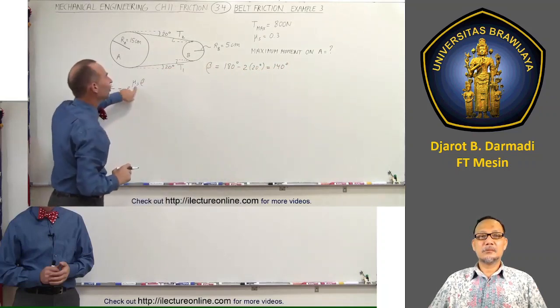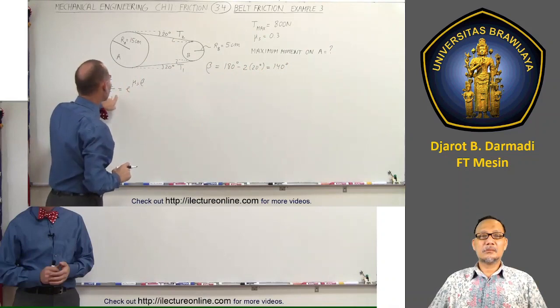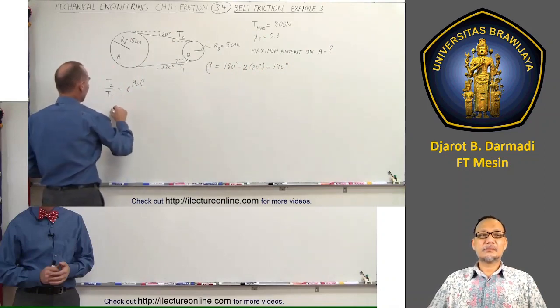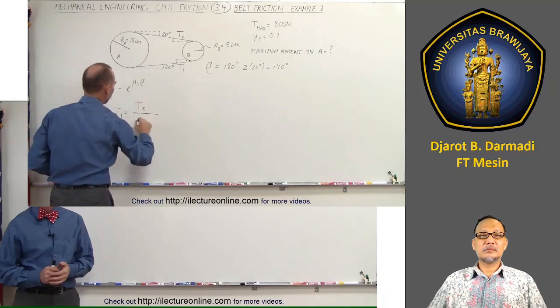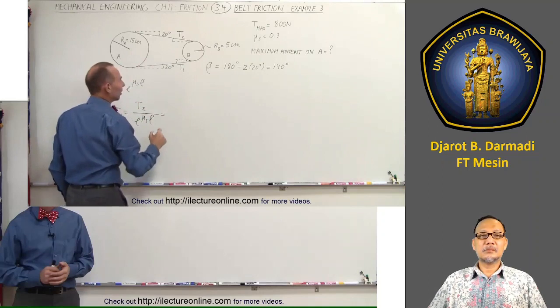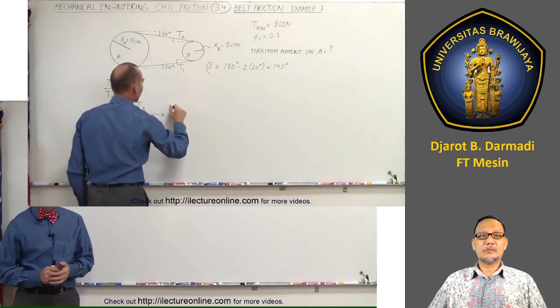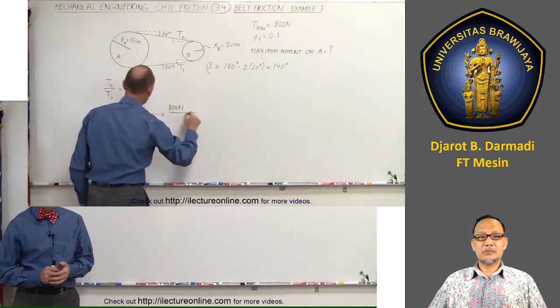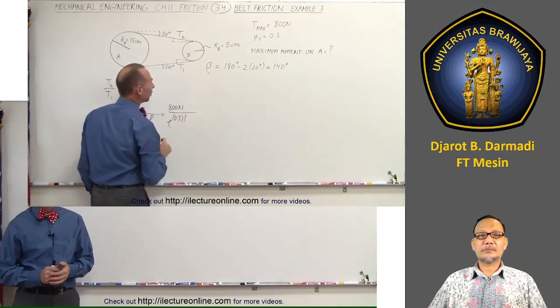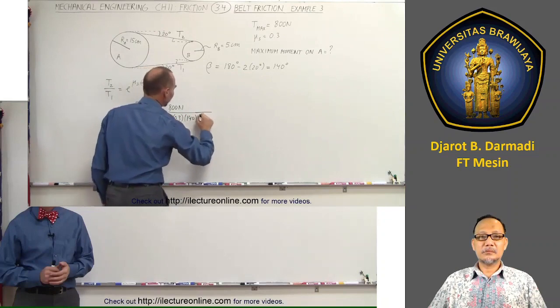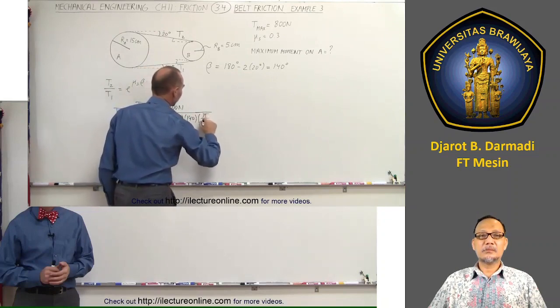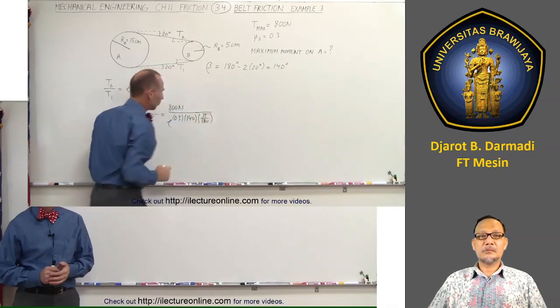We're given the coefficient of static friction and we're trying to find T1. That means that T1 is equal to T2 divided by e to the mu sub s times beta. So in this case, we have a maximum tension of 800 newtons divided by e to the 0.3, and beta will be 140 degrees, but we'll have to convert that to radians, which is pi divided by 180 as the conversion factor.